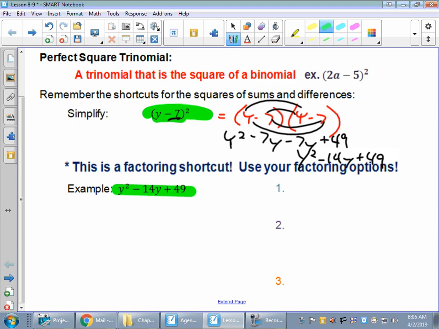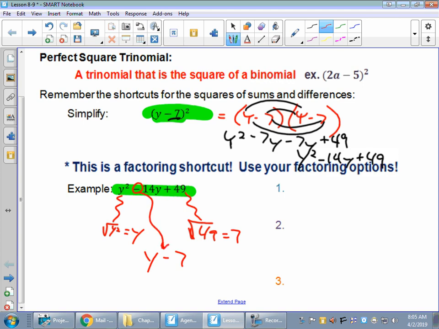So what the shortcut says is if you have perfect squares, then you can go ahead and shortcut it. If you know that the square root of y squared is y, and the square root of 49 is 7, well then you know that you could say y minus 7, it'd have to be a minus because of this minus sign here, (y minus 7) squared would be your answer for the shortcut.